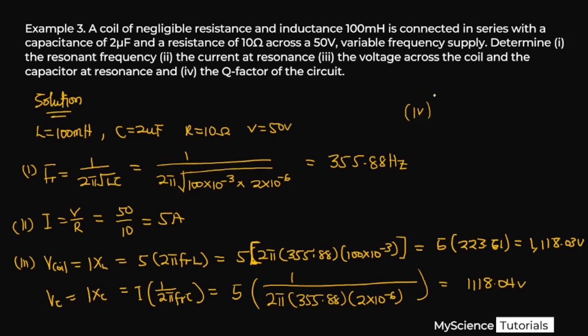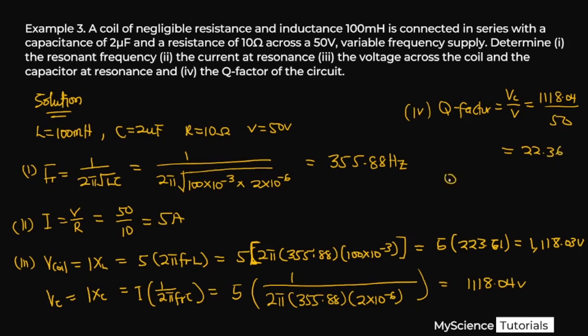So let's look at part IV, our Q factor. We know that the Q factor is equal to either VC or VL over V. So this is very easy. We can just use 1118.04 over the voltage supply, which is 50, and that is going to give us 22.36.